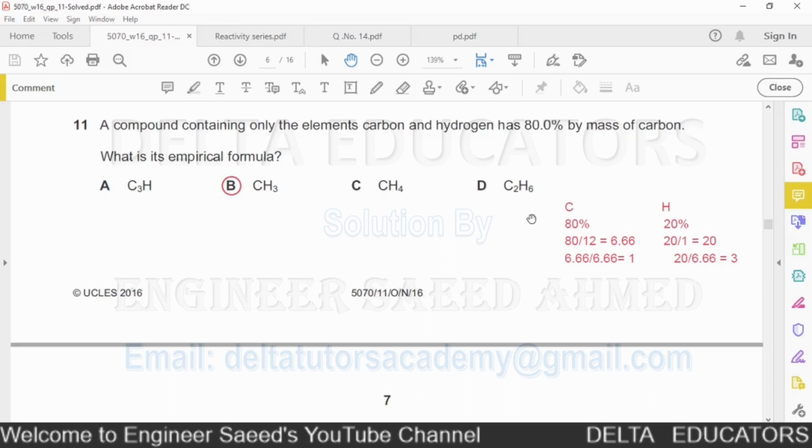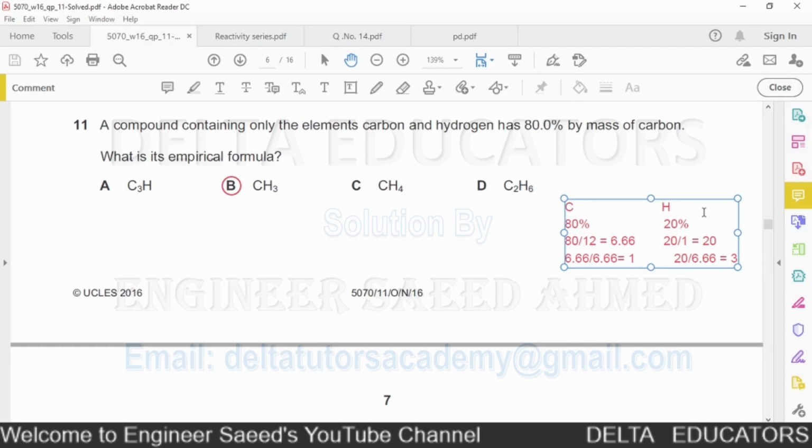Now next step, we have to divide this percentage composition by their relative atomic mass. Atomic mass of carbon is 12 and atomic mass of hydrogen is 1. So we divide 80 by 12, we get 6.66, and we divide 20 by 1, we get 20.